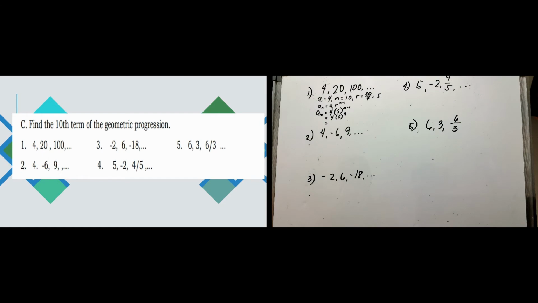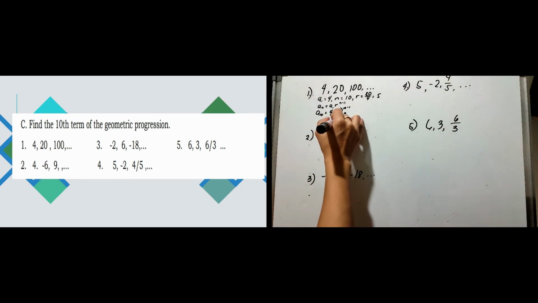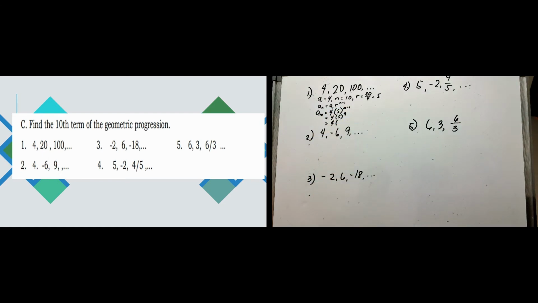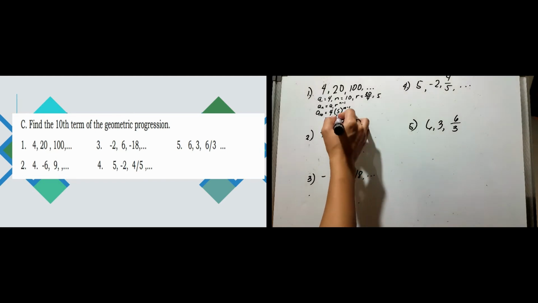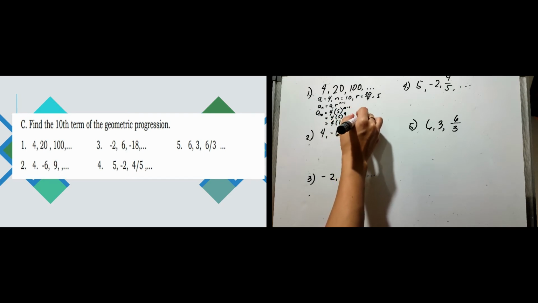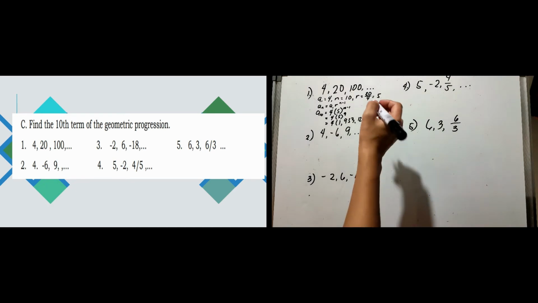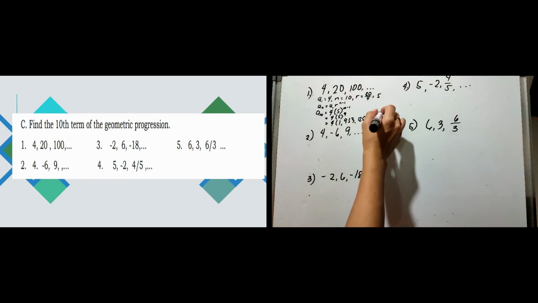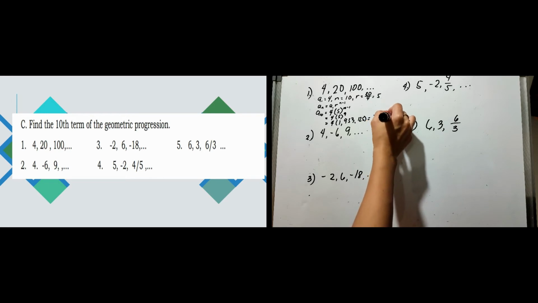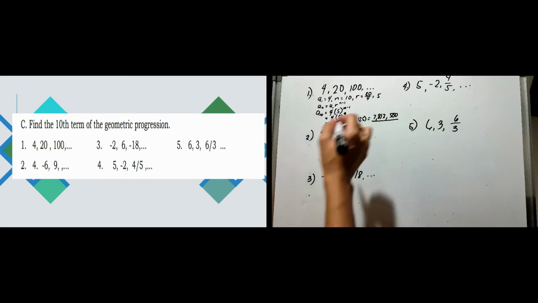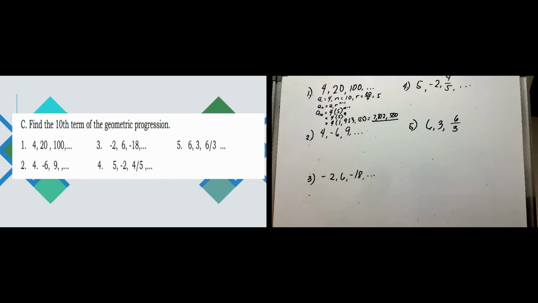So that will be 4 times 5 to the 9th power. 5 to the 9th is 1,953,125 times 4. So your final answer must be 7,812,500. Okay, so that is your 10th term.